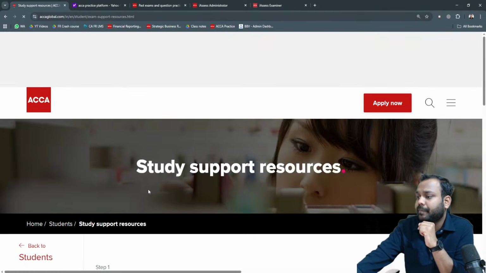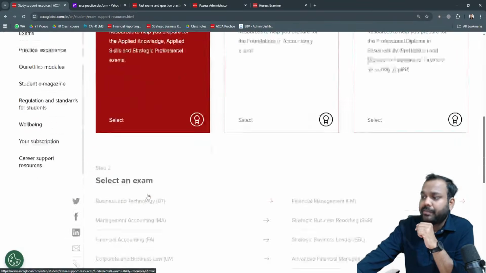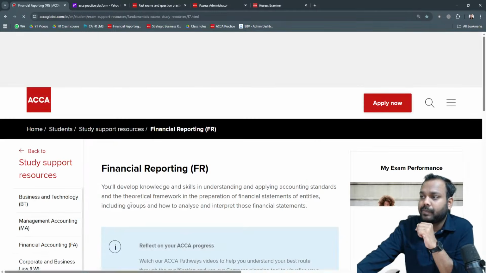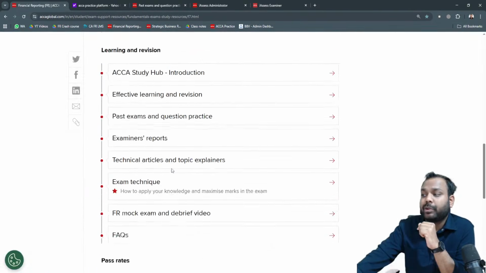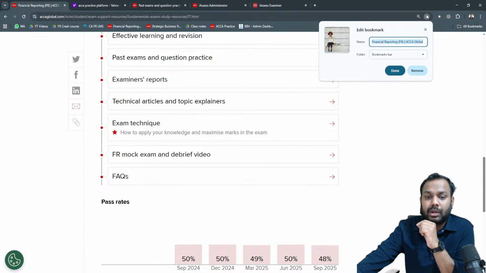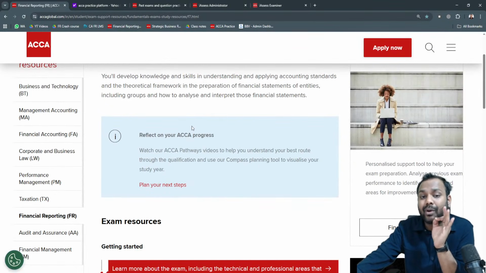Click on it. You will find ACCA qualification. Click on it. Which is your paper? Financial reporting. Click on it. Now this page, bookmark this page. For the next 3 months, you have to refer to this page every now and then.